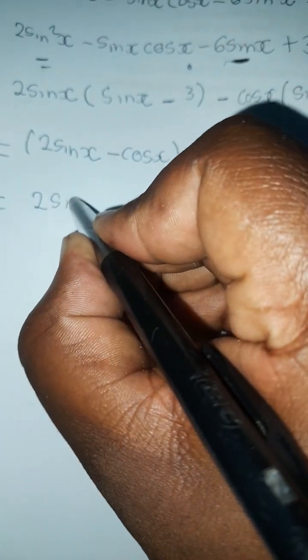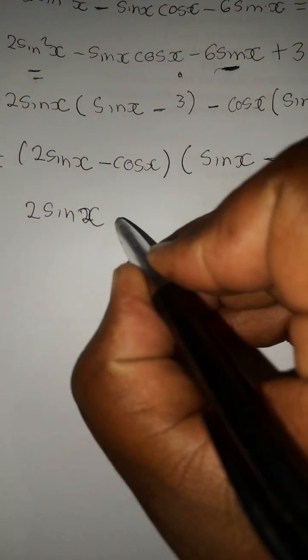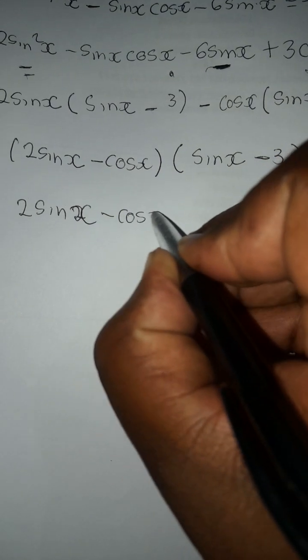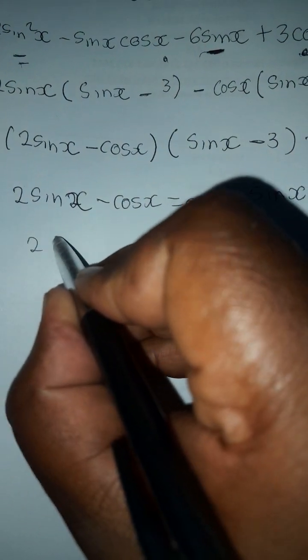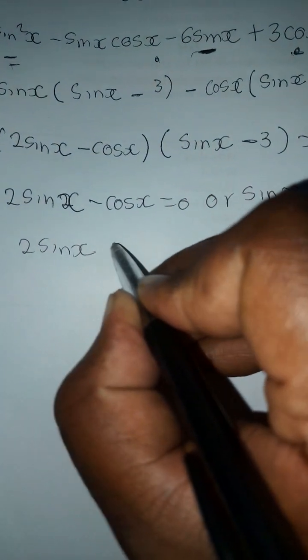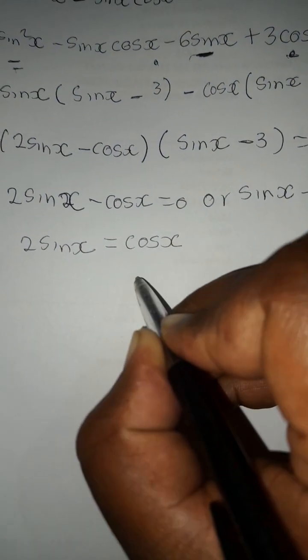Then we will equate everything to 0. 2 sine x minus cos x equals 0, or sine x minus 3 equals 0. So from here, you're going to take negative cos x to the other side. This becomes positive cos x.